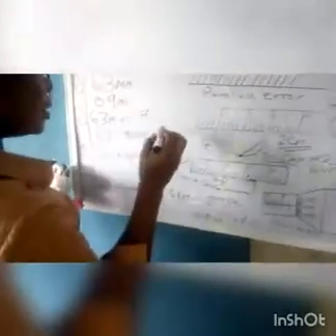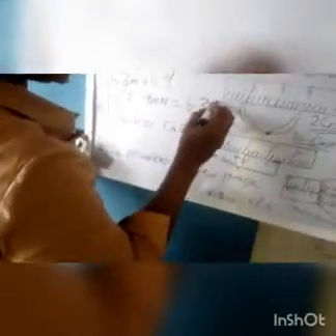So 63 millimeter plus 0.9 is 63.9 millimeter. If we want to change it to centimeter, it is now 6.39 centimeter.